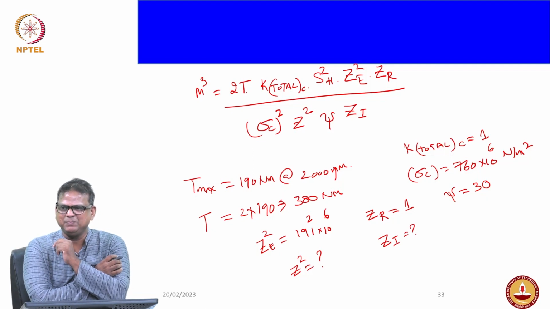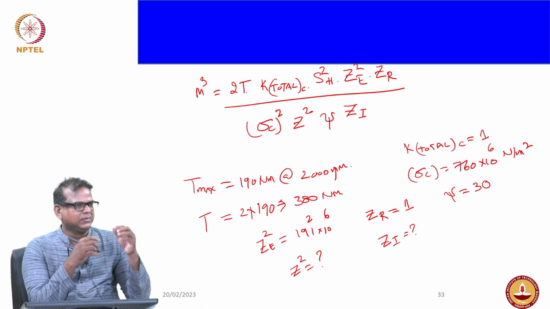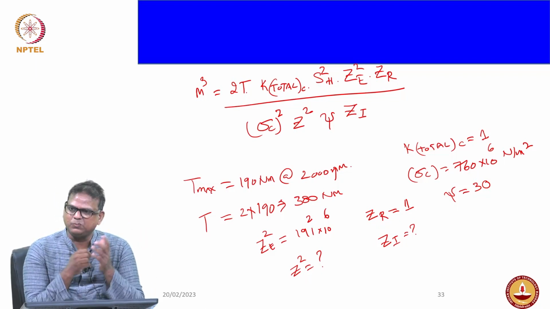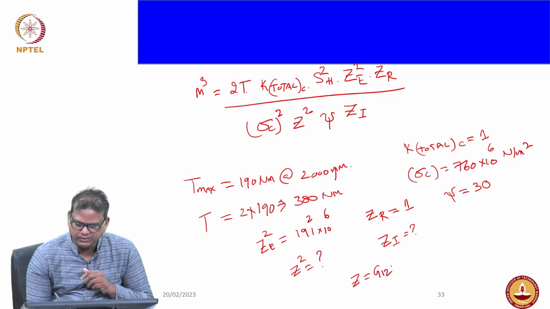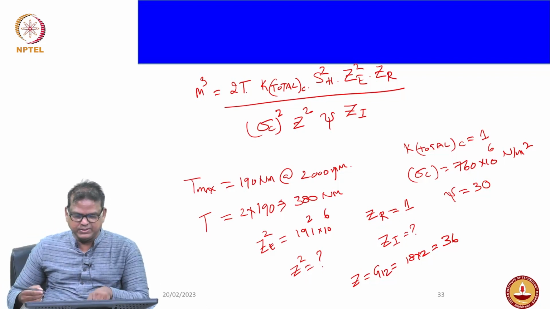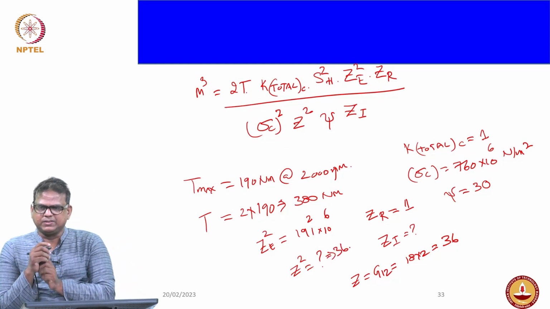It's gear 12, which has the minimum number of teeth. And one more thing I also mentioned: since some of the gears are 14 and 16, we should double it. So Z is nothing but your gear 12, which has 18 into 2, 36 teeth. So Z square is 36 squared.